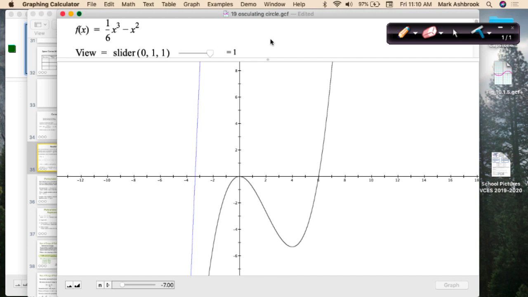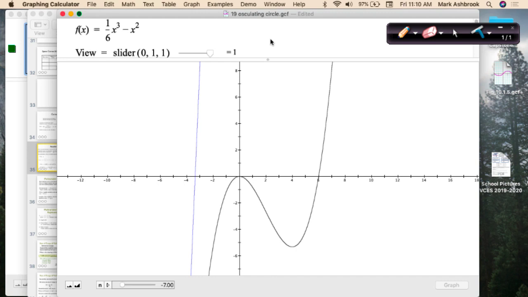So where is the curvature high? Where is there high curvature? At 0 and 4. You see that's the highest curvature. And where's the curvature the lowest? There's actually one place where the curvature is 0.